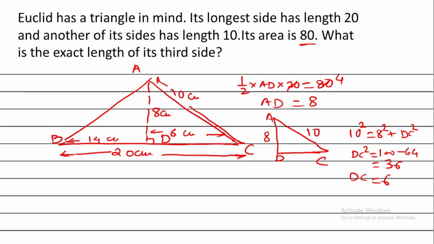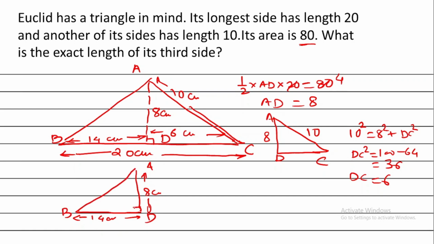14 centimeter. The moment we get BD as 14 and AD I already know, I can find out AB. So AD is 8 centimeter, BD is 14, and I need to find out AB.